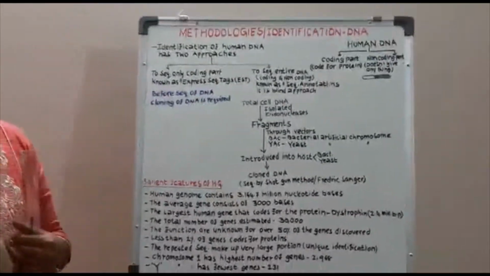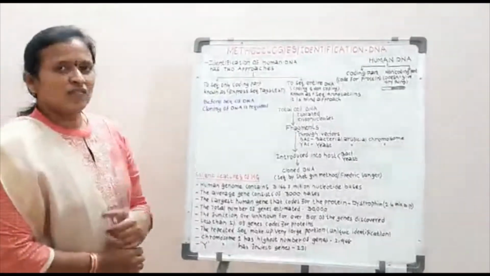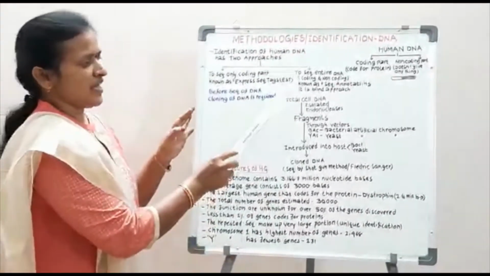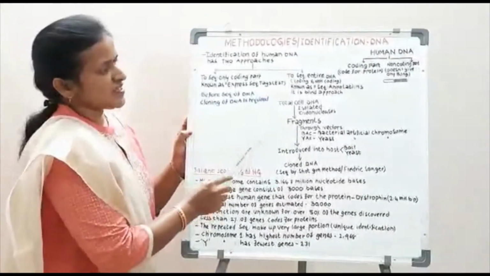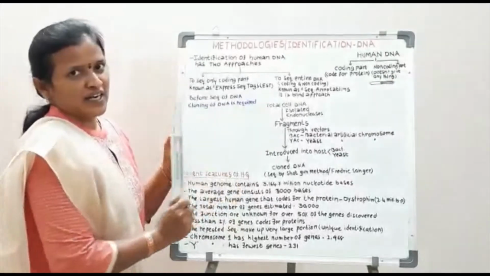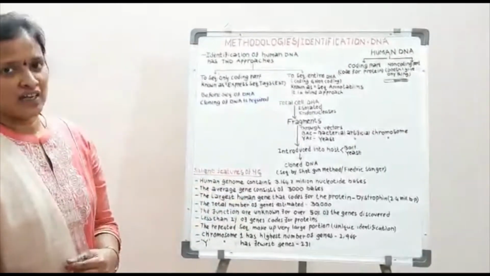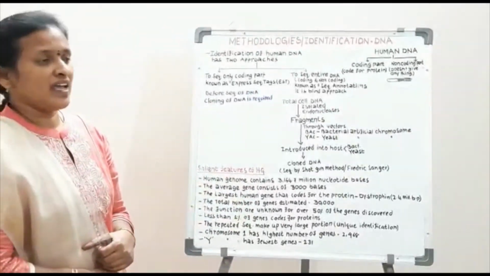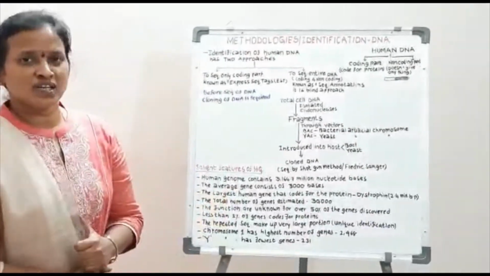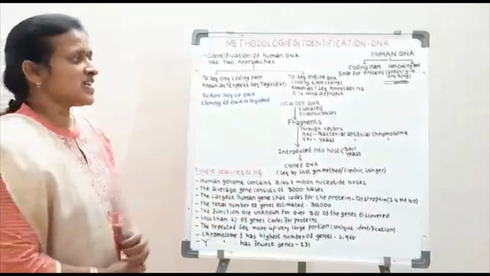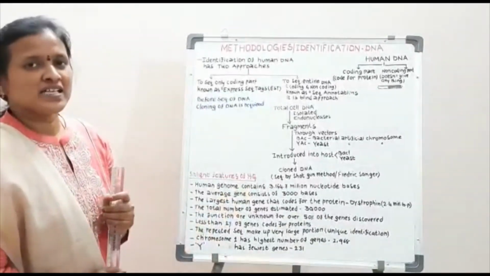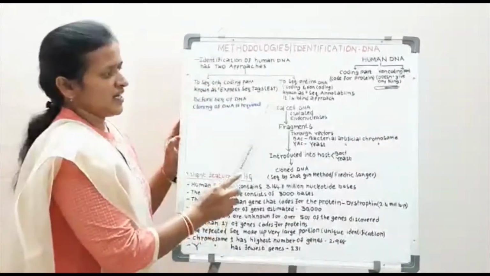And before sequencing of a DNA, the cloning of DNA is required. The process for cloning a DNA is, firstly, we have to isolate the total DNA. This isolated DNA is made into fragments by using restriction endonuclease, which is called a molecular scissor as it makes the fragments of the DNA.